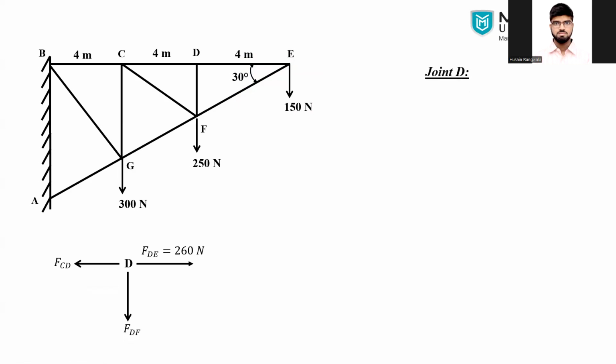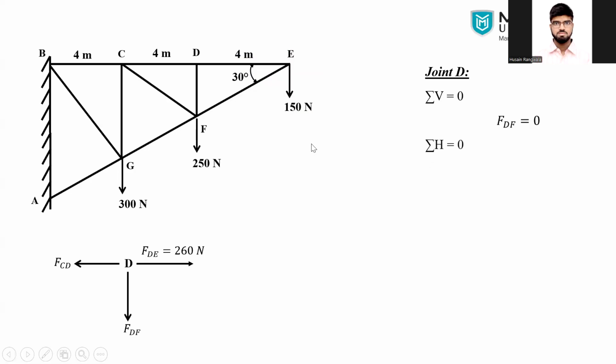If we apply the equilibrium condition over here, applying sigma V equal to 0, there is only one vertical force we can see, and that's why FDF equal to 0. Also, based on the geometry, as we have discussed in the class, this is nothing but a T joint. In such a case, the member force would be 0, and this is also called a zero force member.